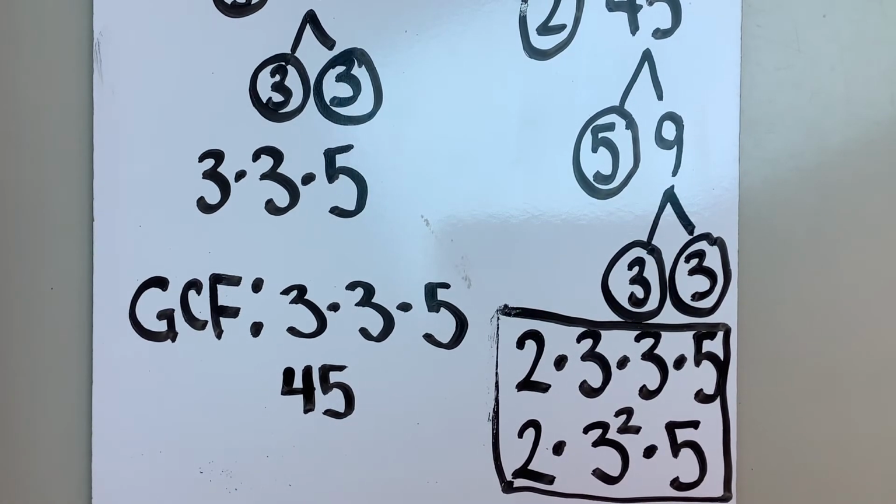A word problem that might go along with this is I bought 45 cans of green beans and 90 boxes of macaroni. How many bags can I make with the equal number of green beans and macaroni in the bag?